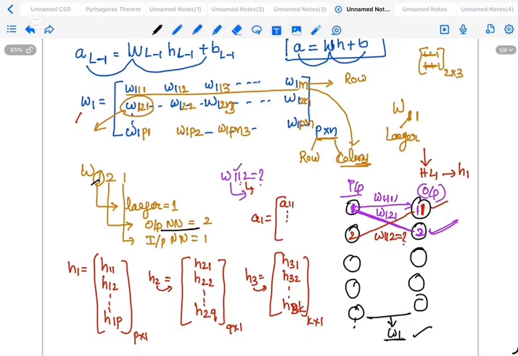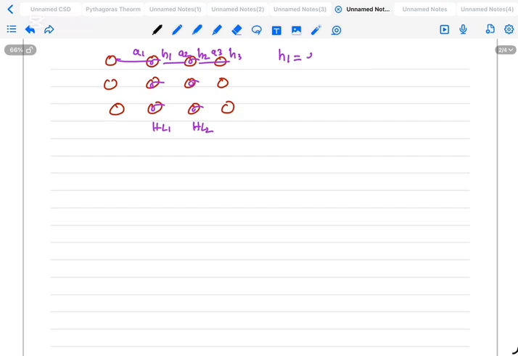A1 is A11 and so on up to A1P. In the same way, there are A2 and A3 also. So H1 is sigmoid of A1 if the hidden layers use the sigmoid activation function. If they use the tanH activation function, H1 equals tanH of A1.